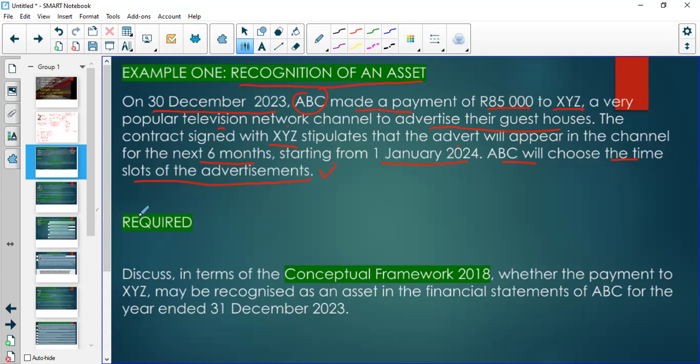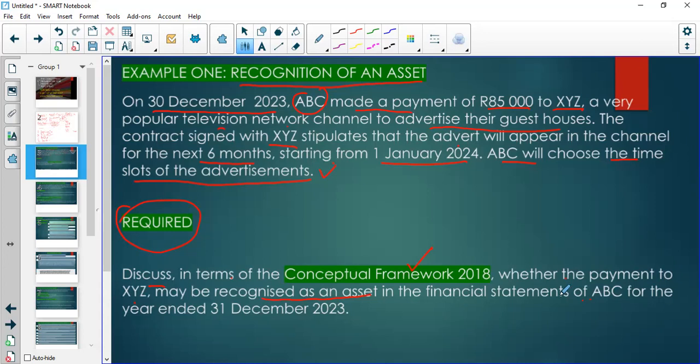Then we have a required. Based on that economic phenomenon, we need to discuss, in terms of the conceptual framework for 2018, whether the payment to XYZ may be recognized as an asset in the financial statements of ABC. Previously, we just used to know that it's a prepayment, and it's a current asset, and we would put it as a current asset.